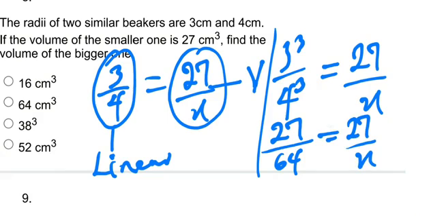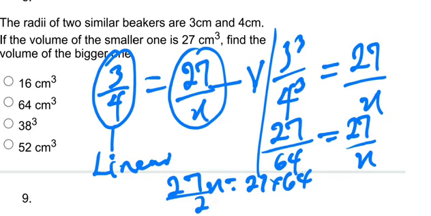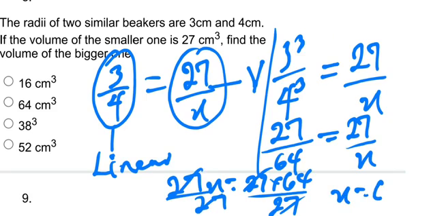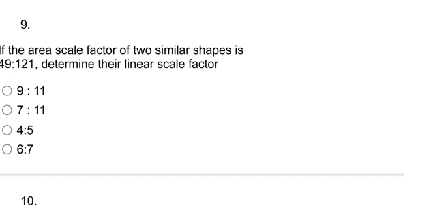So when you cross multiply, you have 27x equals 27 times 64. Divide both sides by 27. 27 cancels 27. Therefore, x is equal to 64 centimeters cubed. So it means the volume of the bigger one is 64 centimeters cubed. So move to the next question.